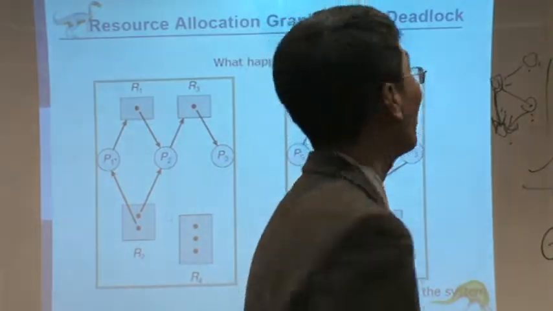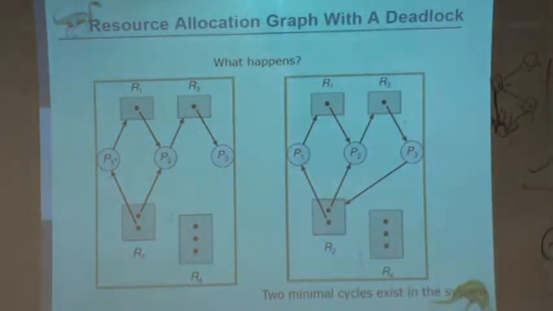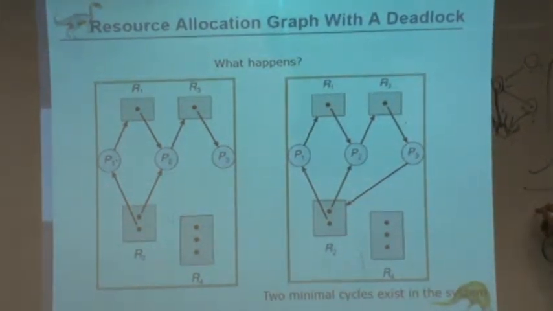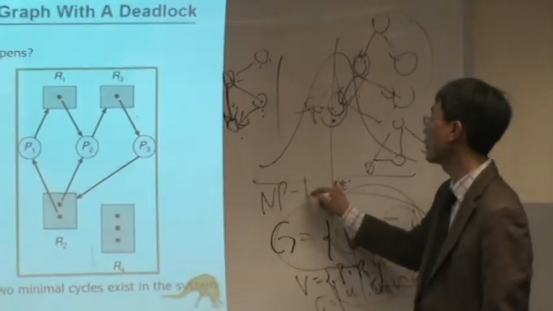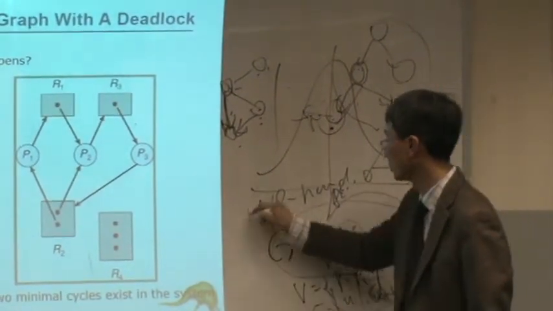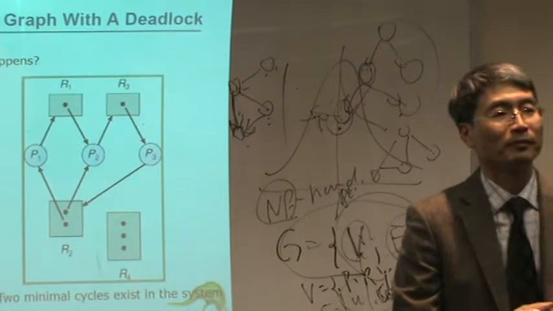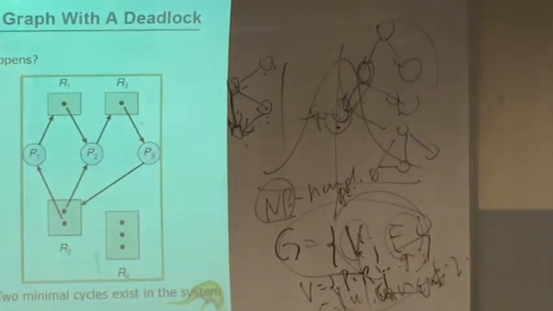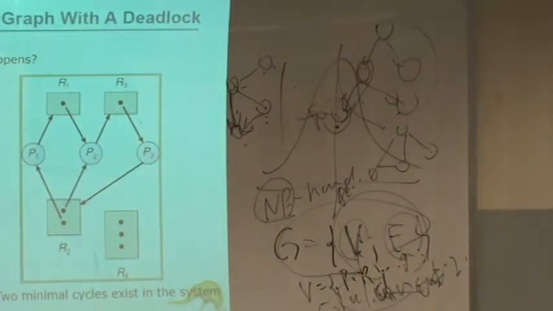Graph algorithms are usually NP-hard problems. What is NP-hard? You never heard about it? That's the problem. Anyone? What is an NP-hard problem?